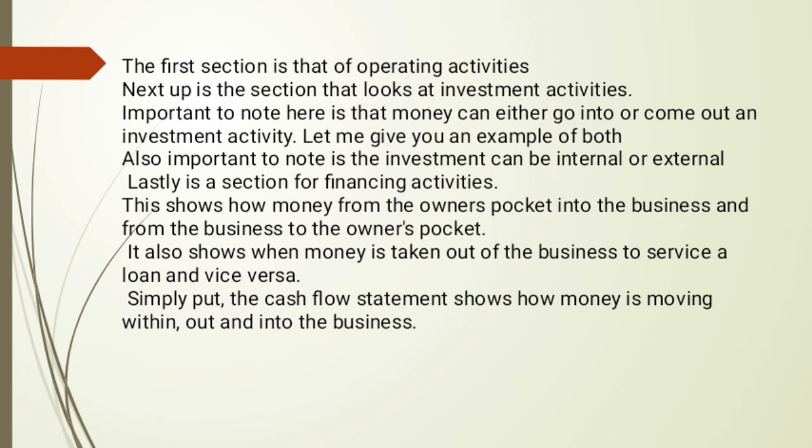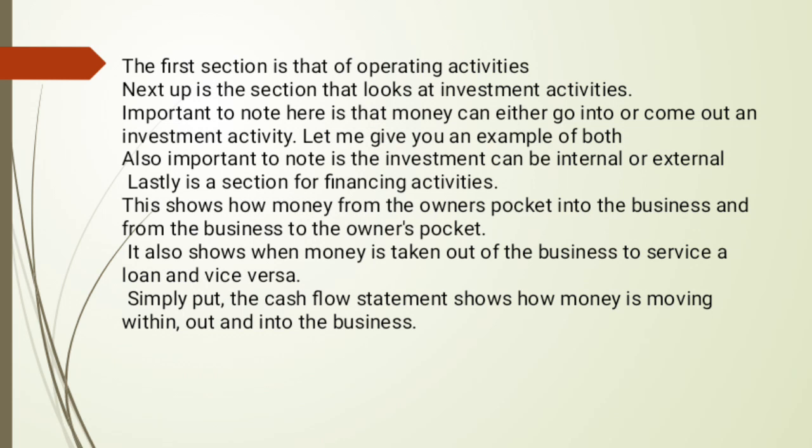Under section one, operating activities, if a business deals with buying and selling clothes, you will see how much was spent buying the clothes and how much was obtained after selling them. If there's a profit, you will see how much profit or how much loss has been made. The same profit or loss that you will see in the income statement is the same one that will be recorded here. So these documents are related.